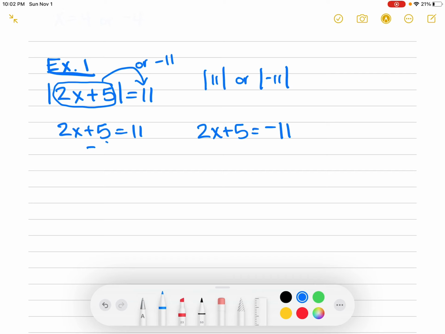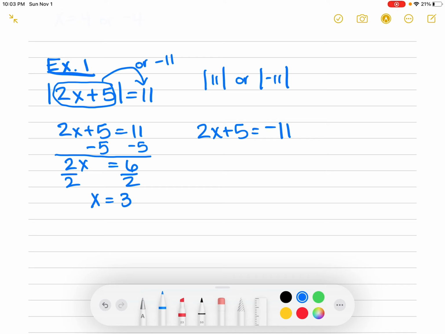So now I'm going to solve this just like I've been solving these all along. And I've had a few of y'all, when I was checking papers, noticing y'all were not showing the steps to your equations. So these steps are what you should be showing in your work. First I'm going to subtract 5 from both sides, and that gives me 2x equals 6. Then I'm going to divide by 2, and that gives me x equals 3. So one of my answers is x equals 3.